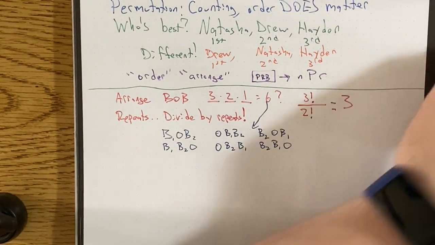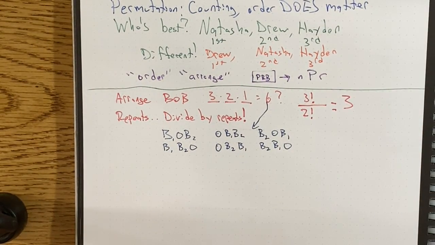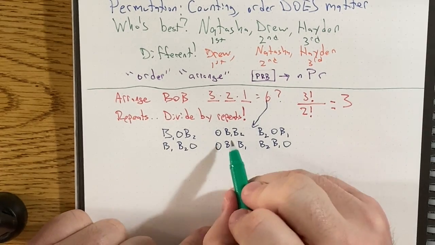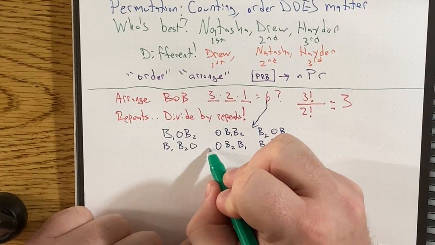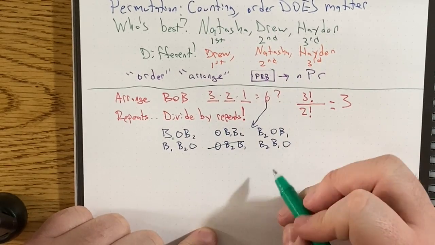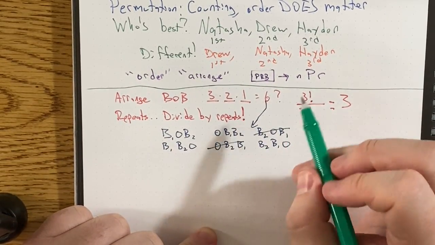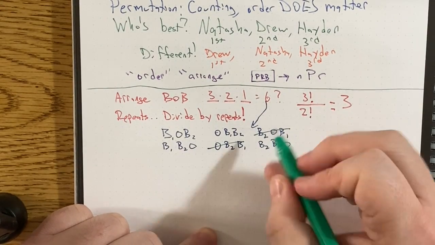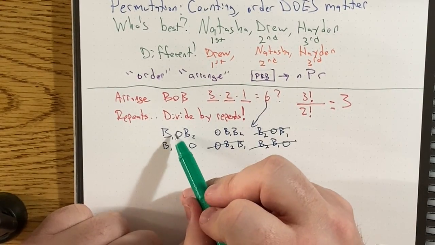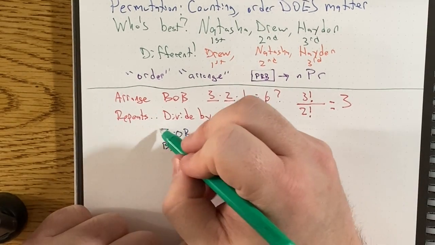However, we know that those B's aren't different, so we can cross things off. This and this are the same. BOB, BOB, cross that one off. BBO, BBO, cross that one off, and we have 1, 2, 3.